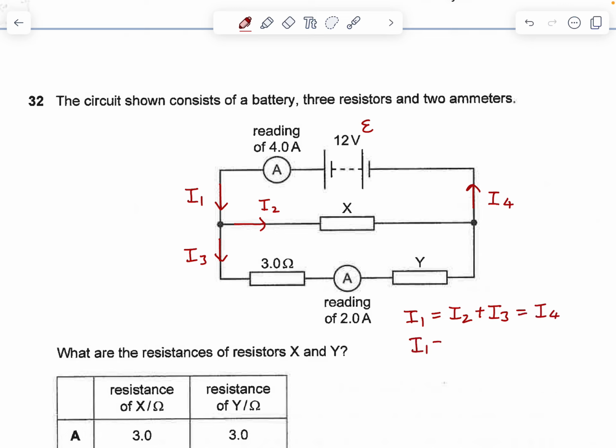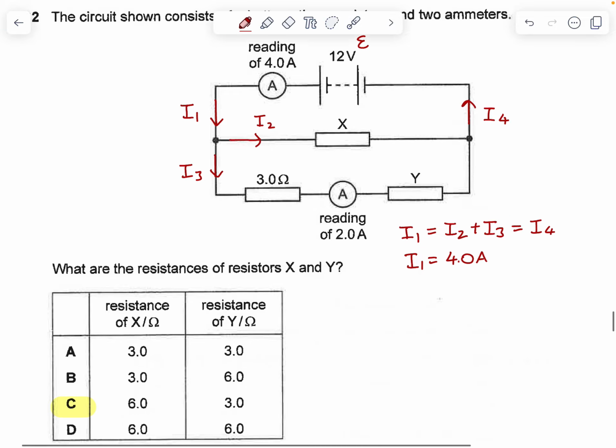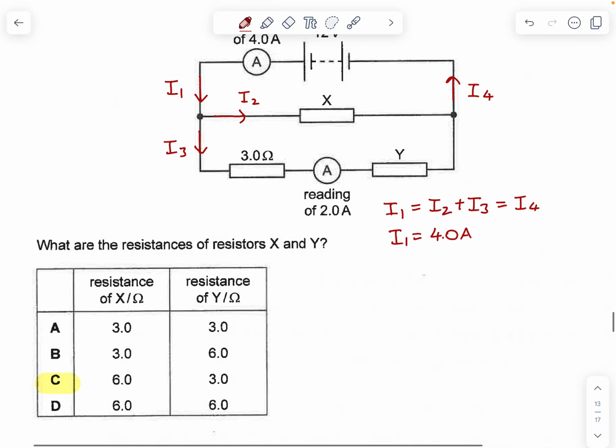I1 has been given as 4.0 ampere, and I3 has also been given as 2.0 ampere, which means you can find I2, which equals 4.0 minus 2.0 equals 2.0 ampere.